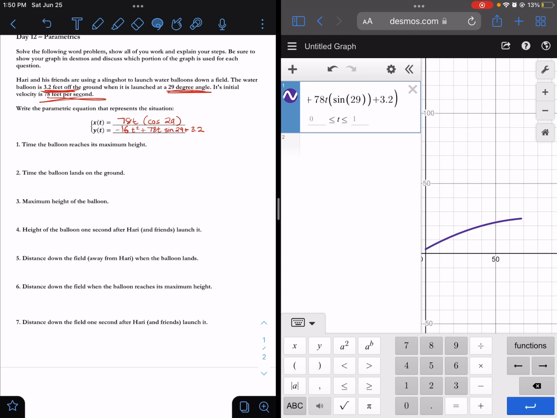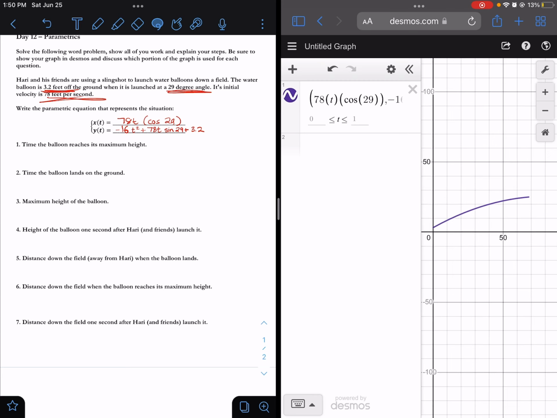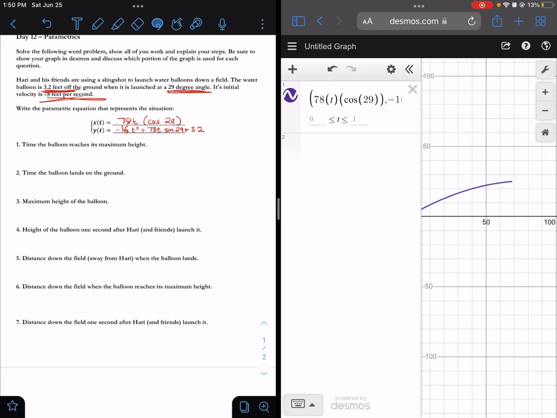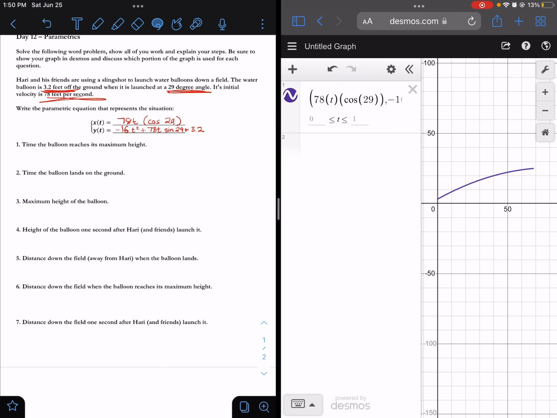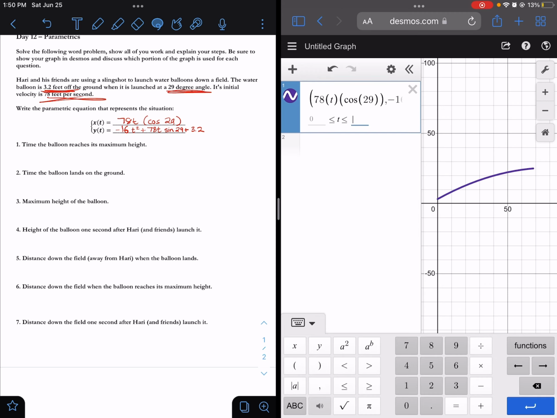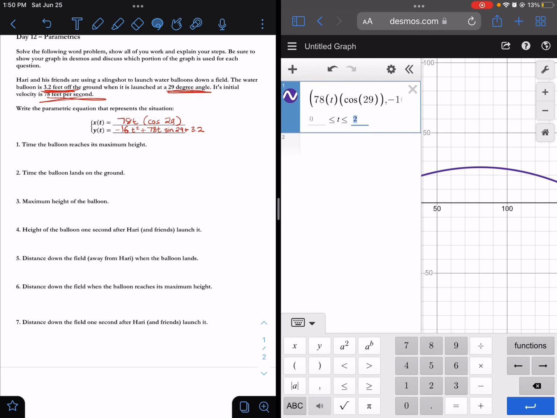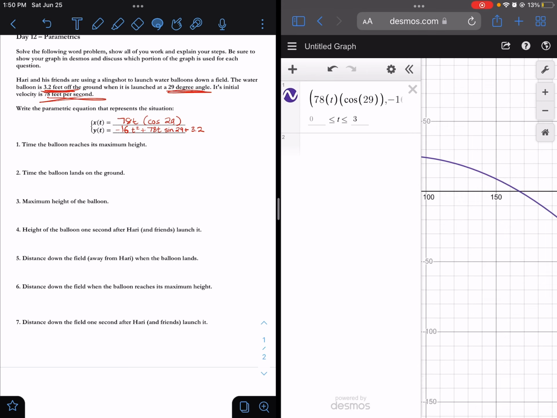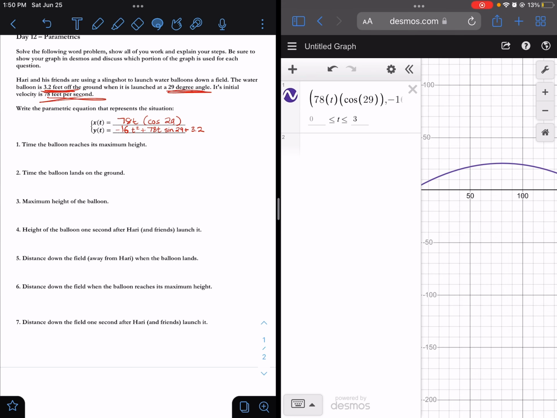The parentheses are closed, and that is our equation. Now we see that this graph doesn't actually cross our x-axis, so we make t go to 2 seconds, and it still doesn't, so let's do 3 seconds, and it crosses. So now we know how our water balloon is going to go from this graph.